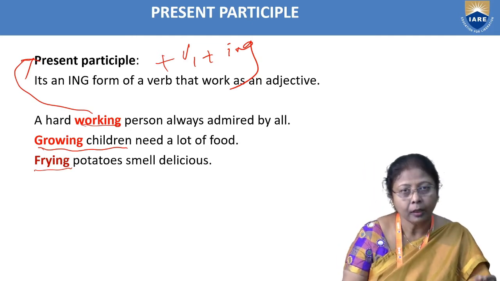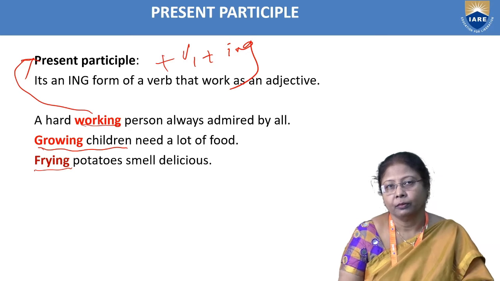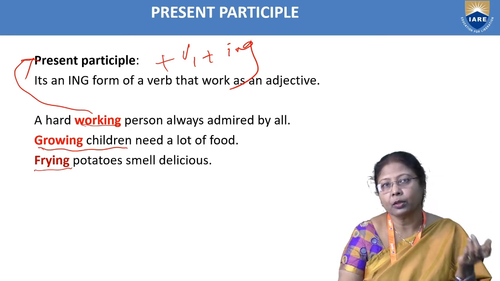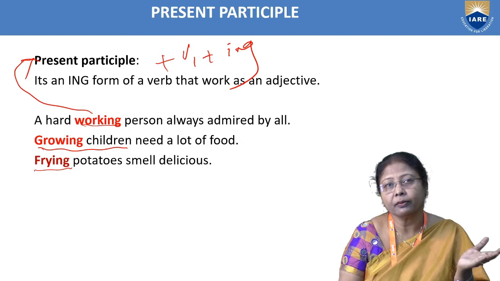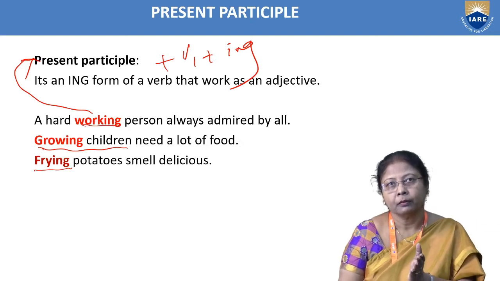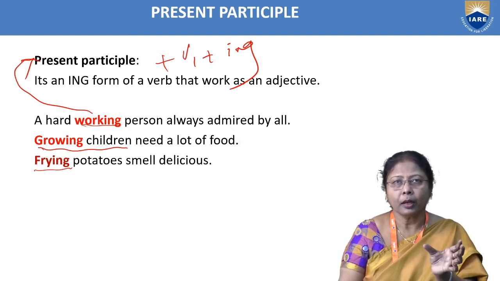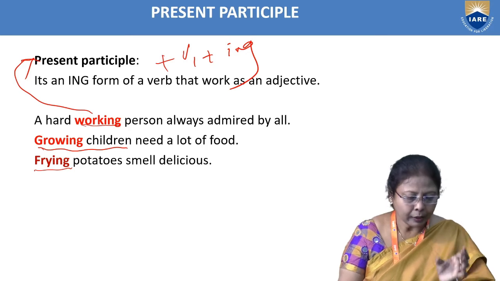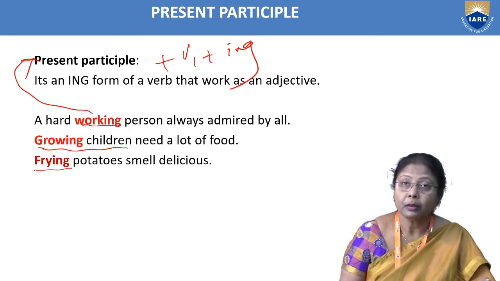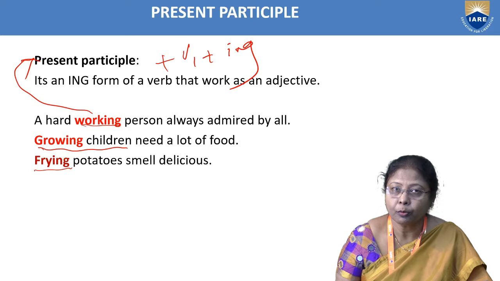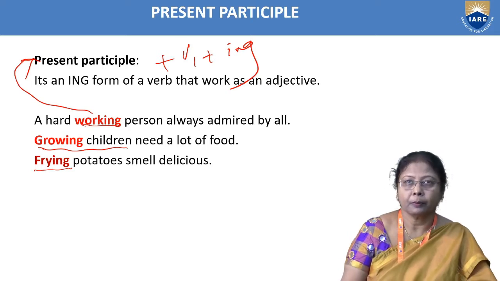What is the noun here? Potatoes. What sort of potatoes are these? These are frying potatoes. Once again, I would like to remind you: the ing form of a verb acts as an adjective before the noun potatoes.